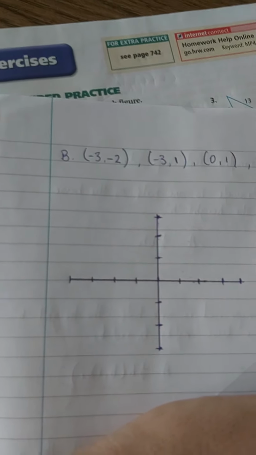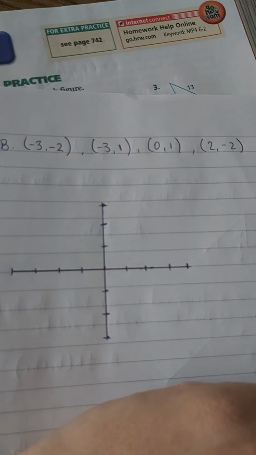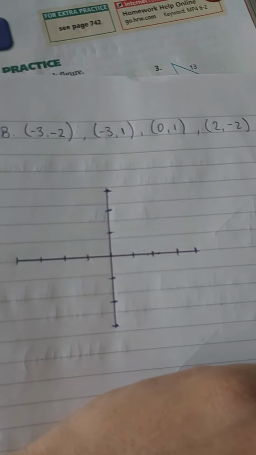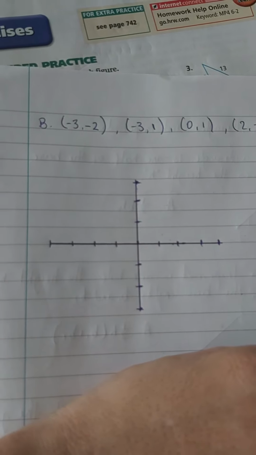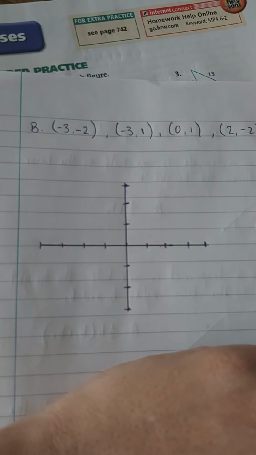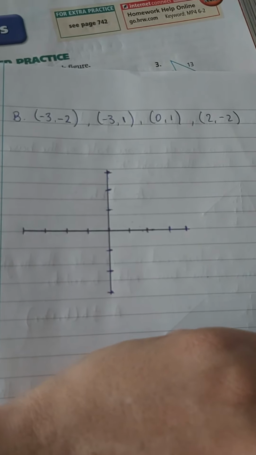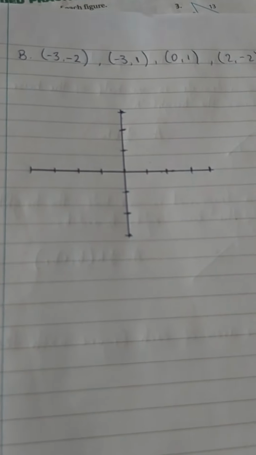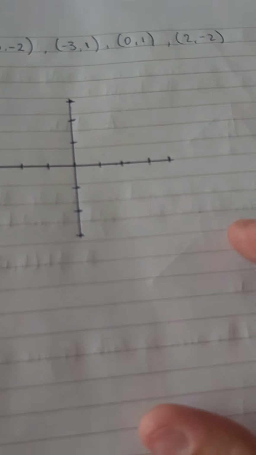Okay, in part B, we're going to have to do the same: graph and find the area of the figure with vertices at (-3, -2), (-3, 1), (0, 1), (2, -2). So let's graph those vertices.